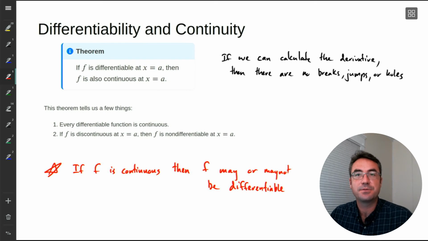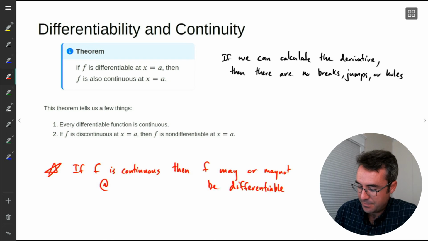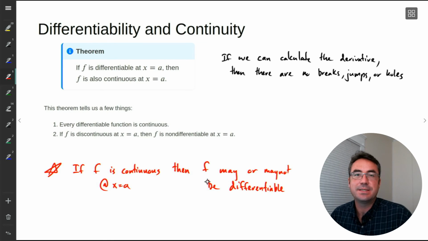If we know our function's differentiable, it guarantees continuity. Continuity is kind of weaker. So if we know our function is continuous at a location, it doesn't really tell us what function f is doing at that location in terms of differentiability. It may or may not be differentiable. So if f is continuous at a location x equals a, it doesn't really say what f is doing in terms of differentiability. May or may not be differentiable there.